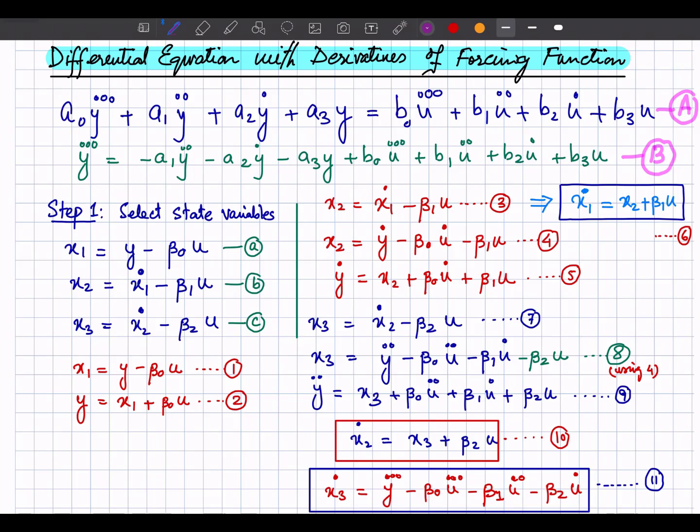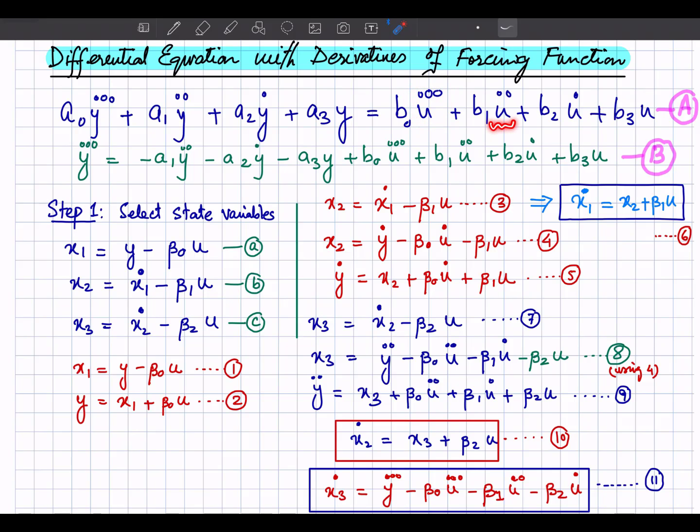So here you can see the differential equation a naught into y triple dot plus a1 into y double dot plus a2 into y dot plus a3 into y, and that is equal to b naught into u triple dot. That's the third derivative of your input or the forcing function.